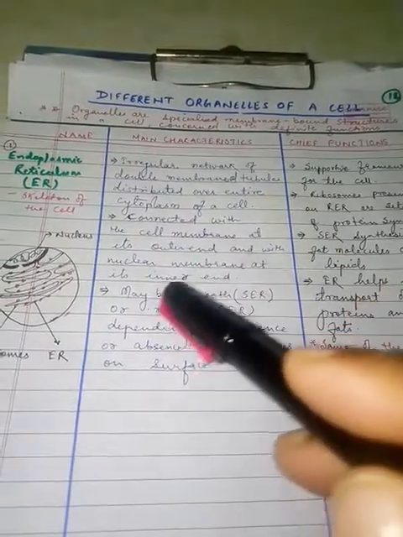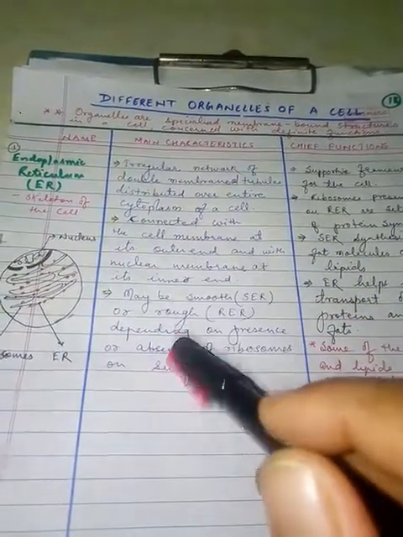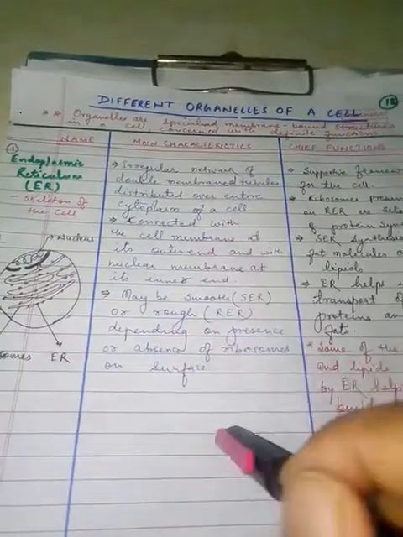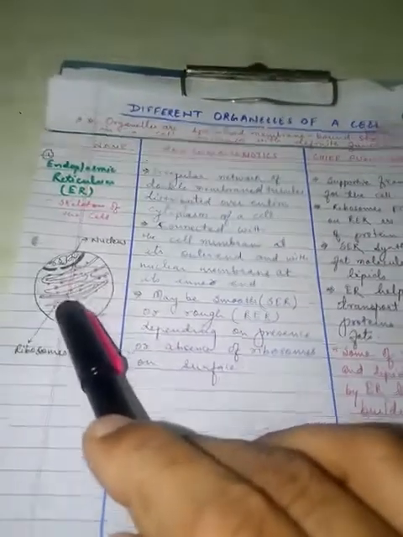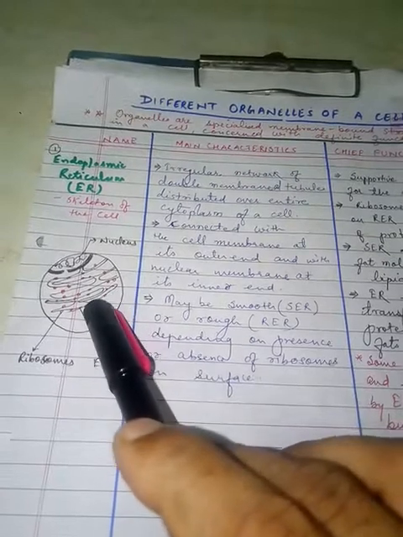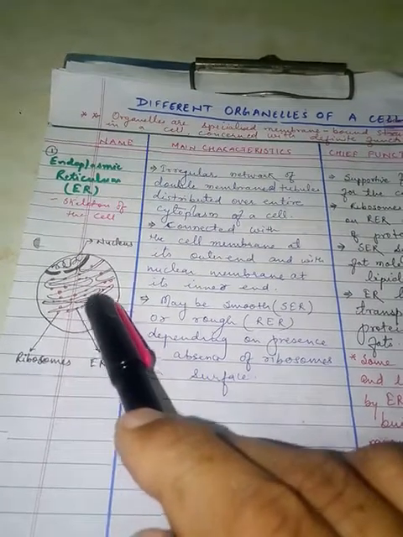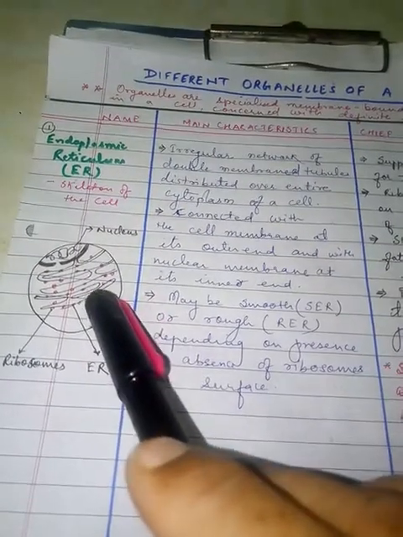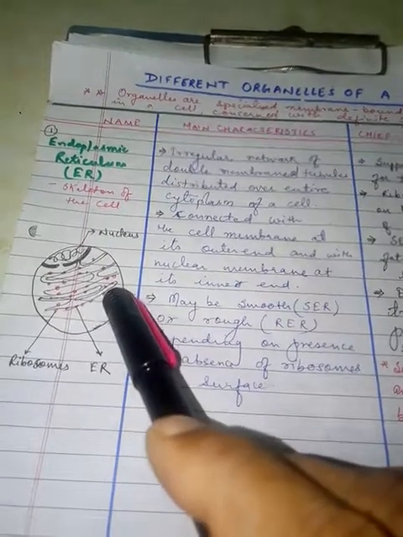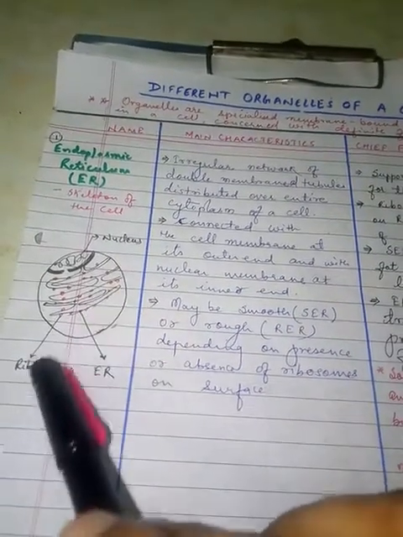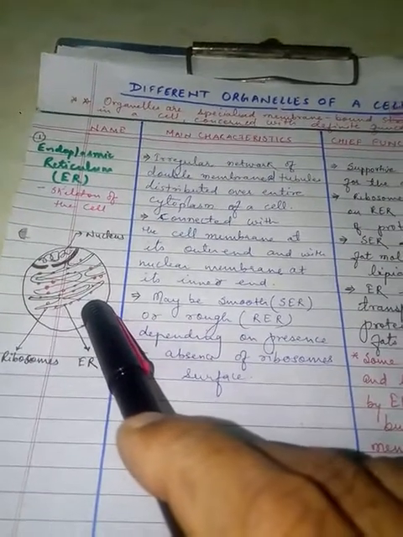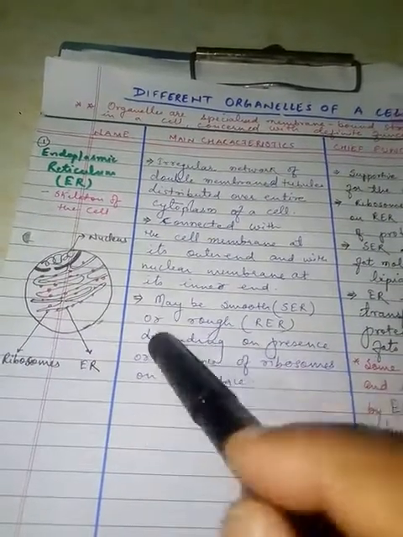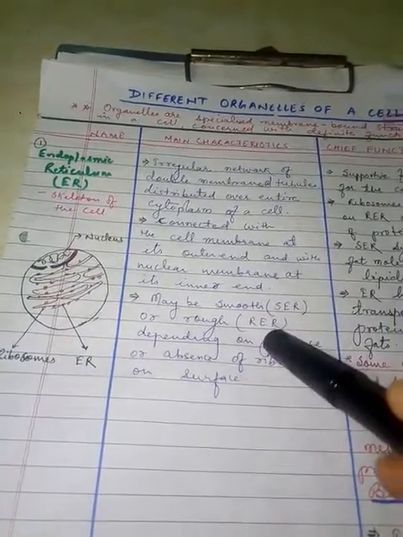Next very important thing about endoplasmic reticulum is that it is of two types. If on endoplasmic reticulum ribosomes are present, you can see small granular structure here, which is being represented in pink color. So these are ribosomes. If ribosomes are present on the surface of endoplasmic reticulum, then it will be called as rough endoplasmic reticulum.